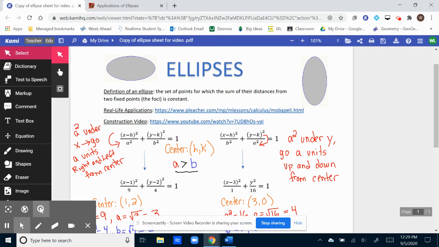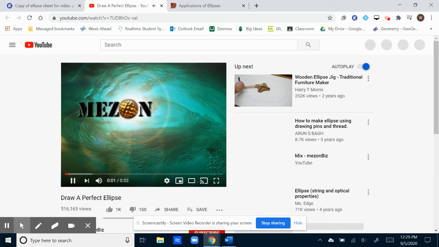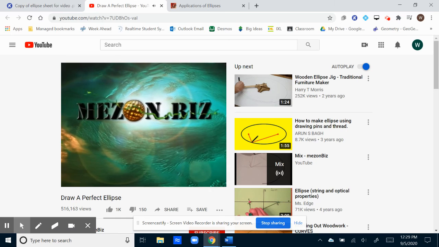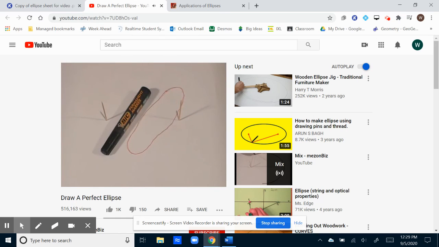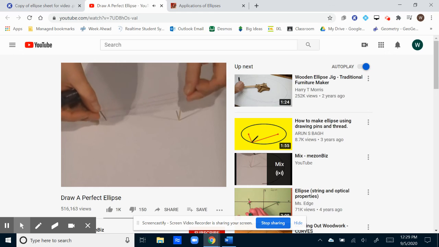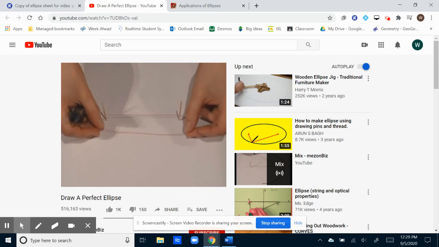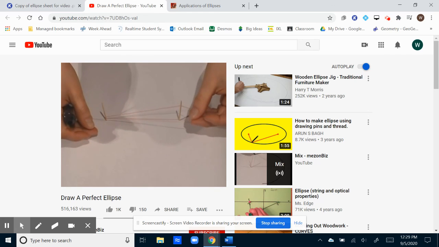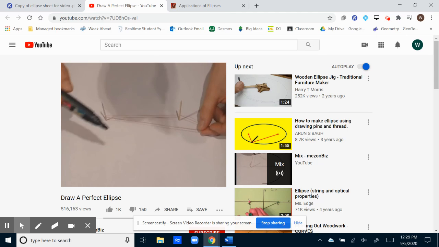And last thing, guys, the second video I've shared for you, you should please watch the entire thing. This video is an activity that normally we would do in class together, but given the unique circumstances, it's a little bit difficult. But this is an easy, cool way to construct an ellipse on your own. Two toothpicks and a rubber band.